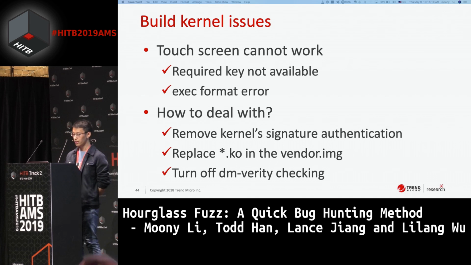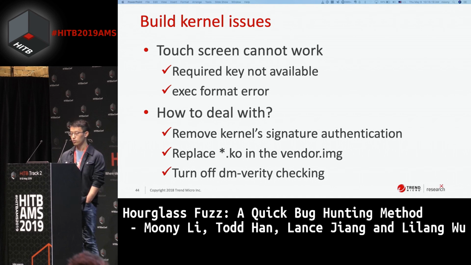Attempting to use the insmod command to load the modules in the vendor lib modules directory, we found that it failed. There are 2 problems. One is required key not available, and the other is exec format error. But how to deal with it?